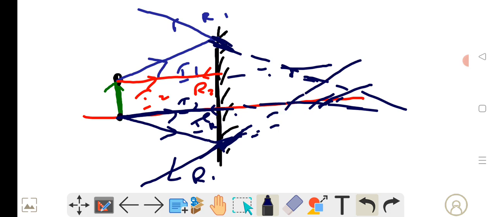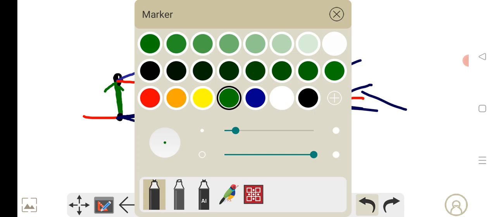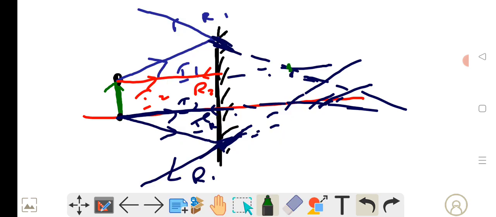Okay, now see here, one point is here and the other point is here. If you are considering many points on the object, you will have those many points in these two. Between these two points you will have like this. If you join them like this, you will get the image.